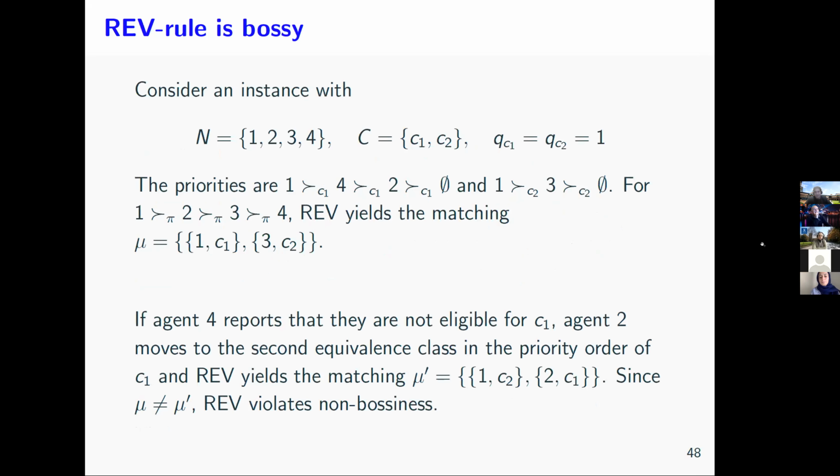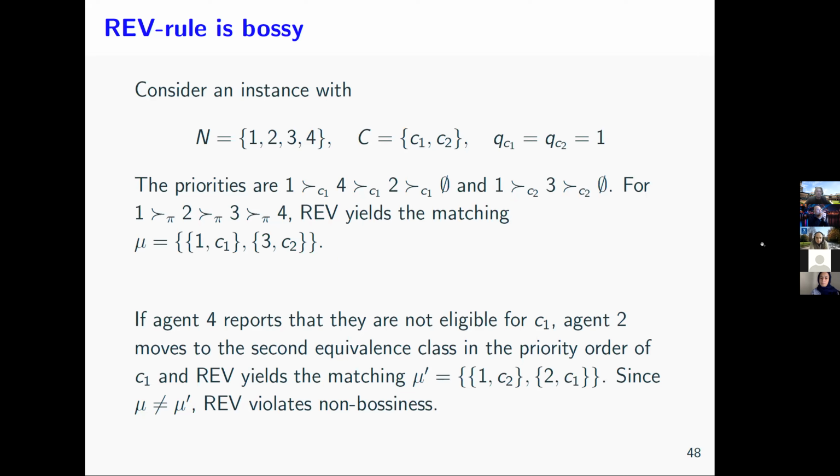One disadvantage that we did notice for the reverse rejecting rule is that it's a rule which is bossy in nature. So even if an agent is not selected, by changing the eligibility requirement or its eligibility for a particular category, it can affect which other agents are selected. And this is quite closely related with an impossibility result by Fujito and Kojima, which is in the context of stable matchings and non-bossiness.